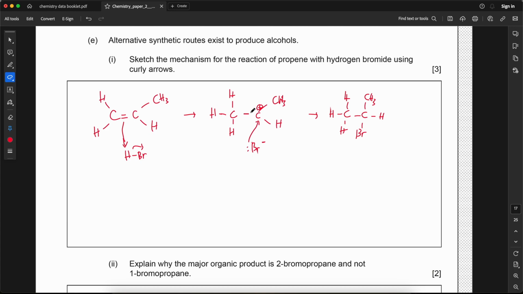So the pi bond now no longer exists, right? So it will form a carbocation intermediate, and Br minus will, as a nucleophile, react quickly with the carbocation intermediate, producing the addition product.